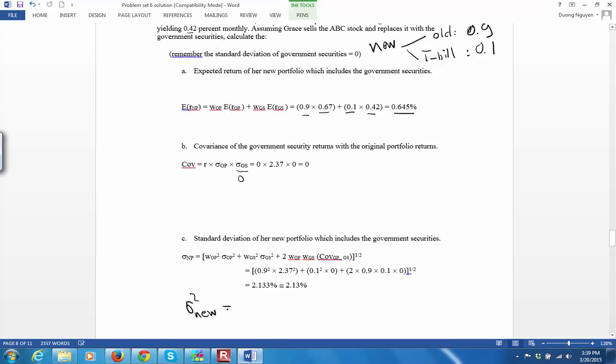The variance of the new portfolio will be equal to 0.9 times the standard deviation of the previous portfolio, 237, squared, plus the weight 0.1 times sigma 2, which is 0, squared, plus 2 times the weight 0.9 times 237 times the weight 0.1 times sigma 2, 0, times correlation 0. So you take the square root, you get about 2.13%.